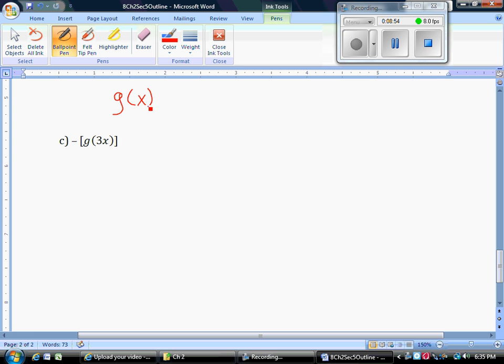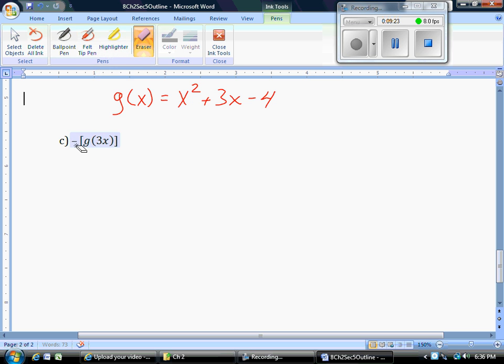So g of x is equal to x squared plus 3x minus 4. All right? Now, let's see what all we're doing. We're multiplying everything by negative 1, and we're replacing x with 3x.